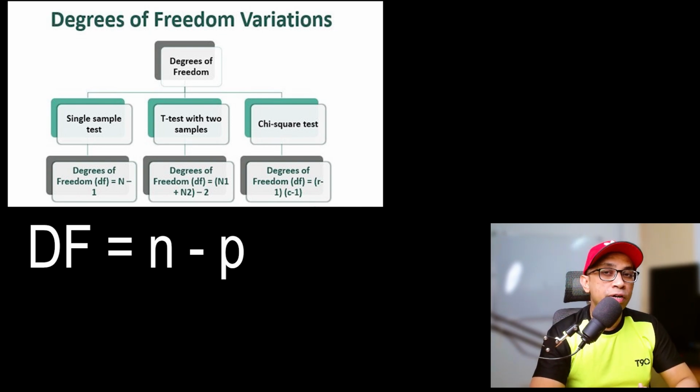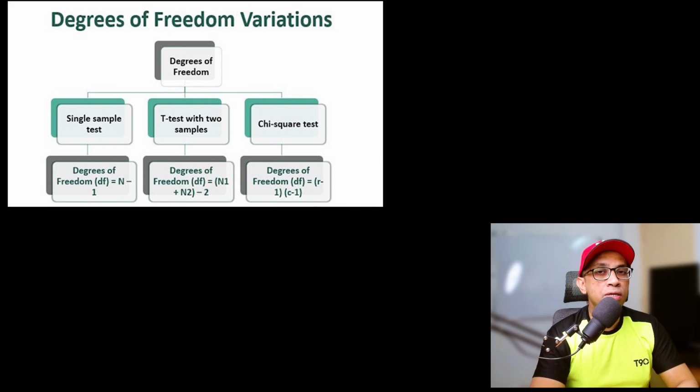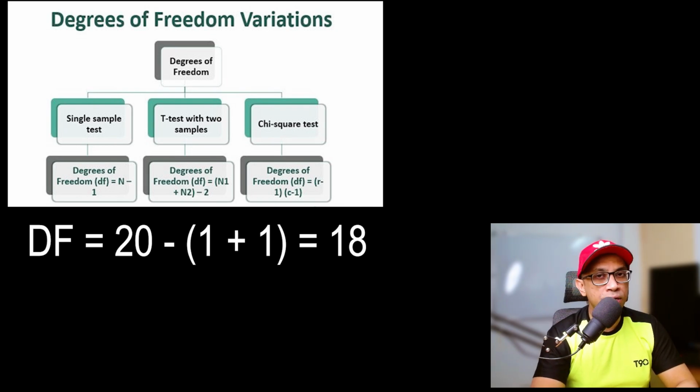Example, if we have a dataset with 20 observations and we are fitting a simple linear regression model with one independent variable and an intercept, the degrees of freedom would be 20 minus (1 plus 1), that is 18. The 18 degrees of freedom represent the amount of free information available for estimating the model parameters and characterizing the uncertainty around these estimates.